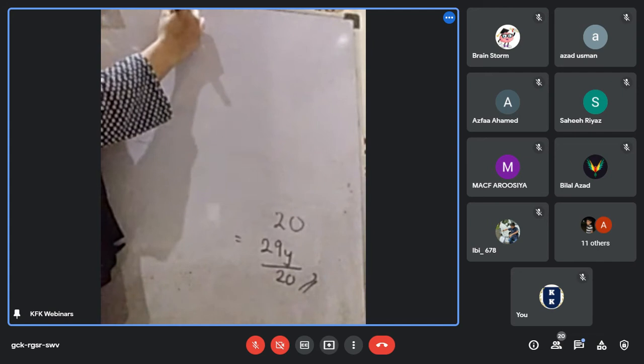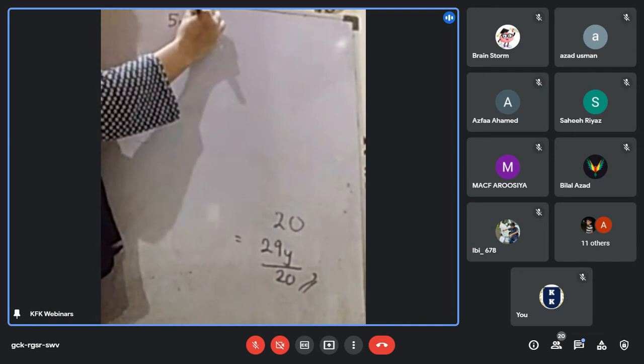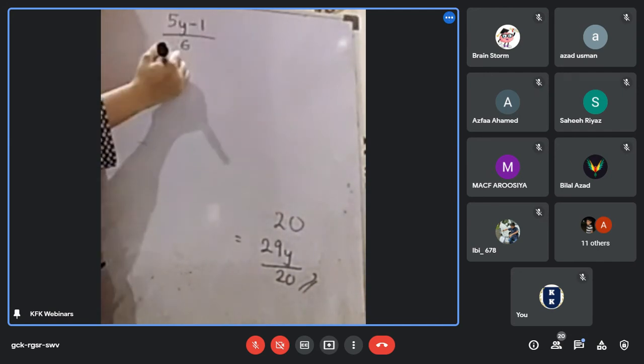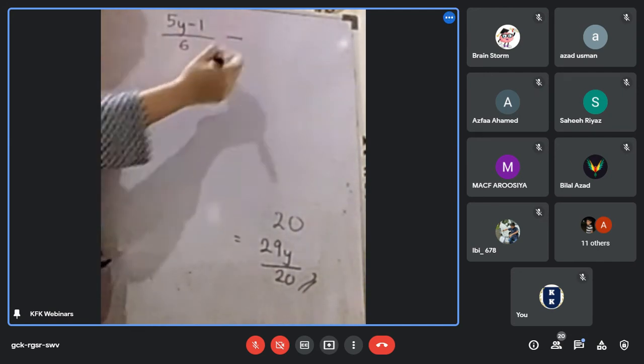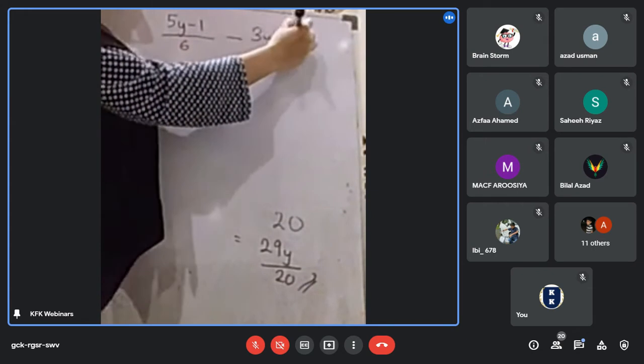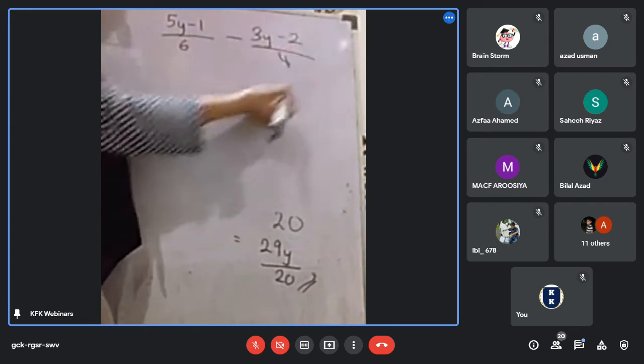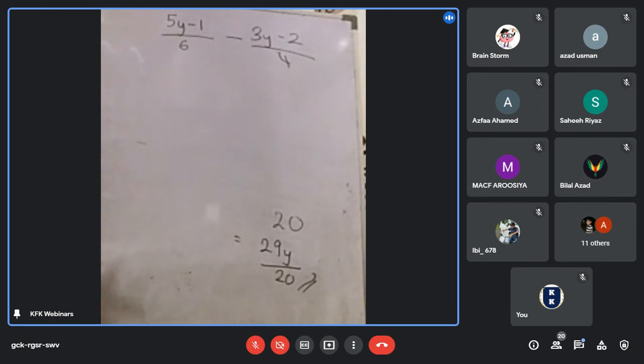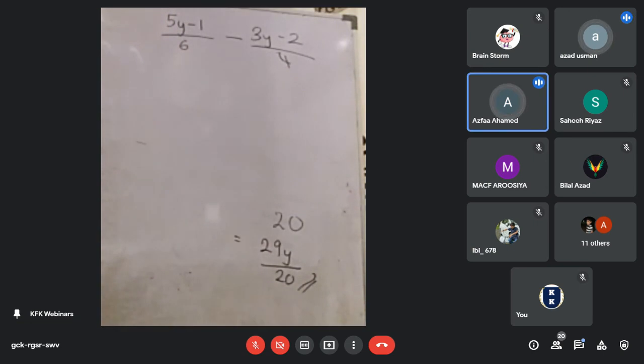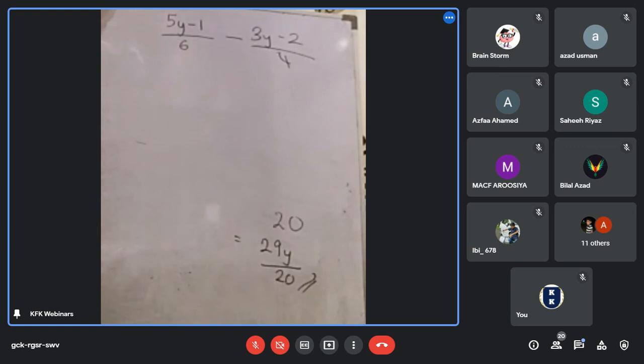Okay. So (5y minus 1) divided by 6 minus (3y minus 2) over 4. Now I'm not going to write everything here. You all tell me what is the LCM. Hurry up. Calculate the LCM for me. 24. Others?